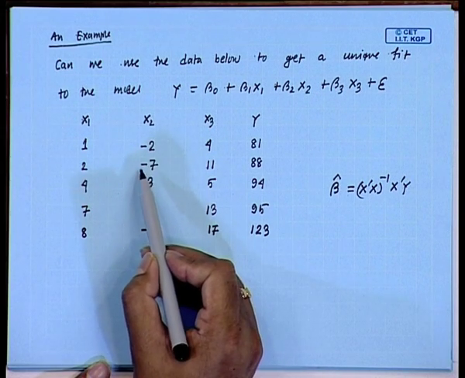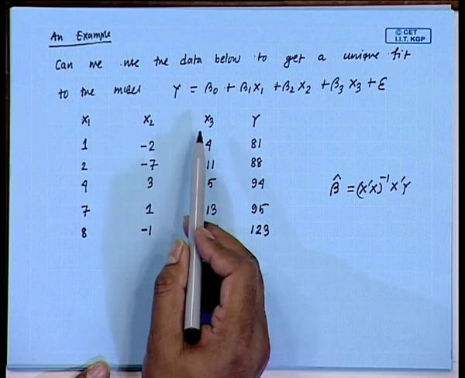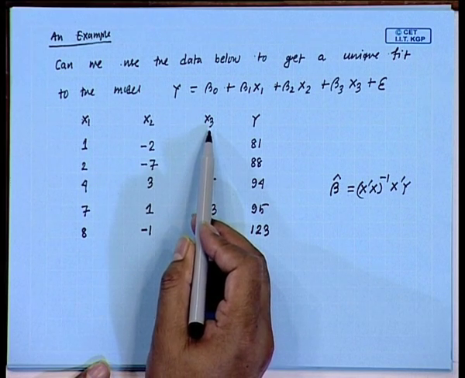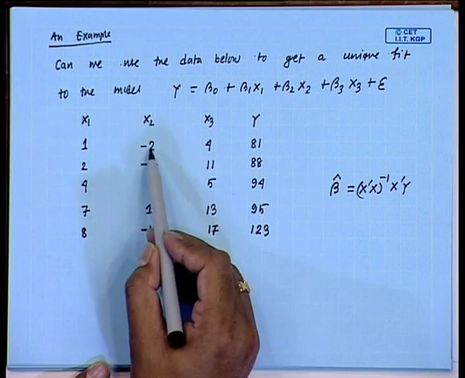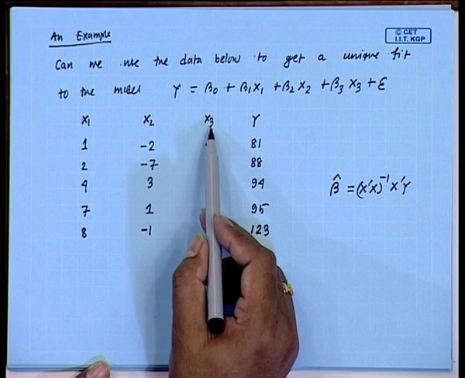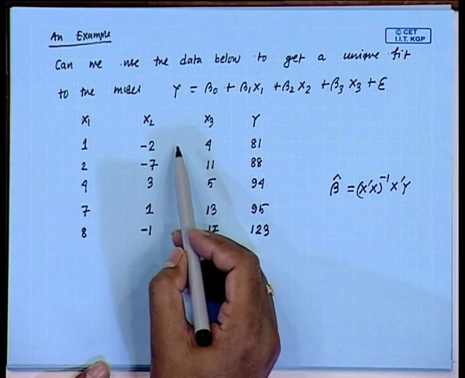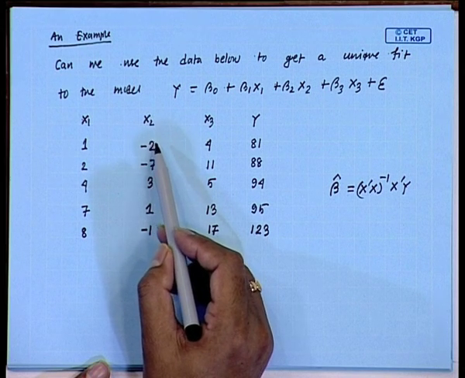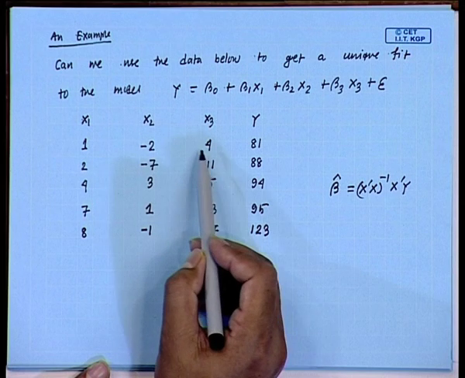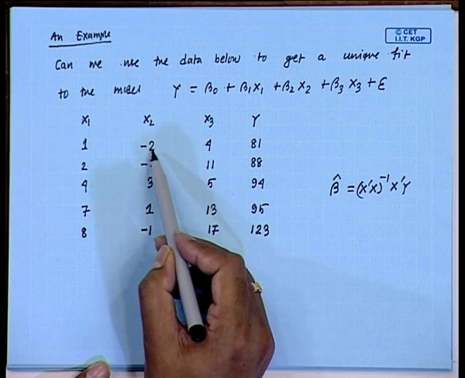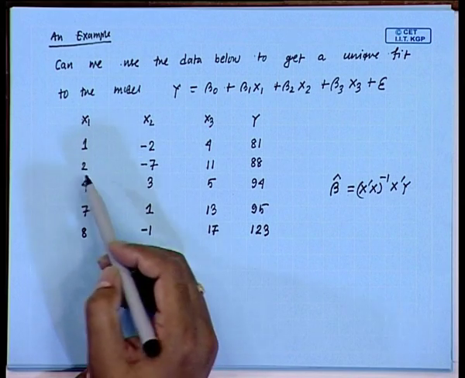Take the first observation: x 2 value is minus 2, x 3 value is 4 and x 1 value is 1. You can check that x 2 plus x 3 is equal to 2, so x 2 plus x 3 is twice x 1.